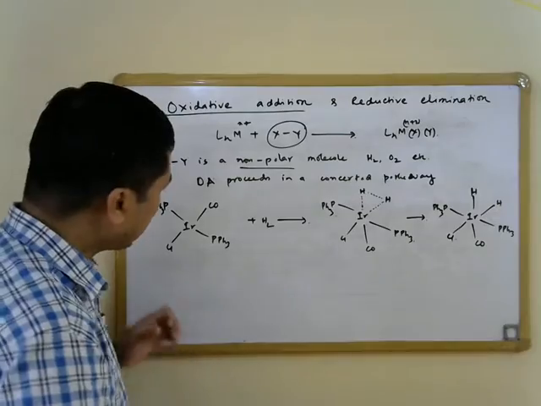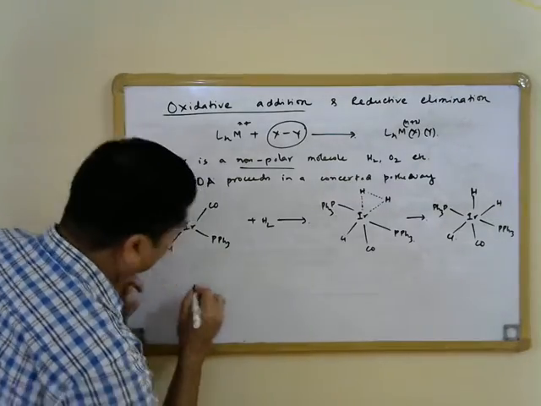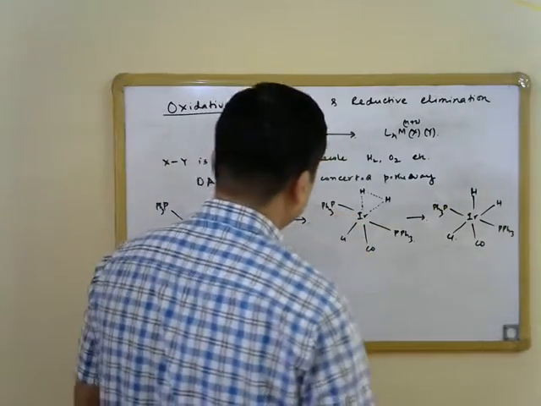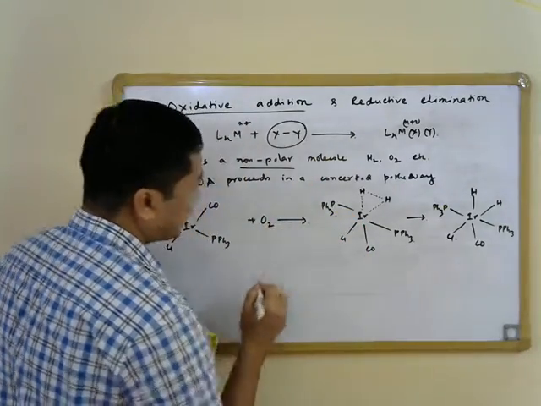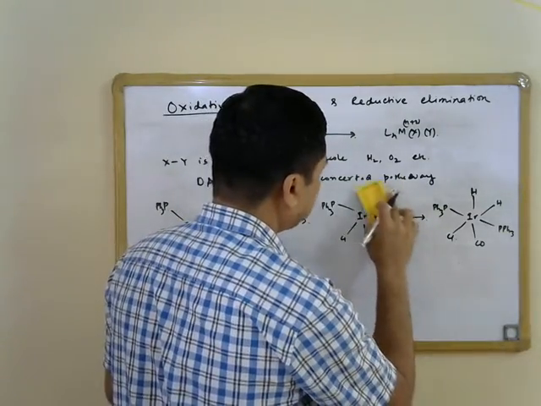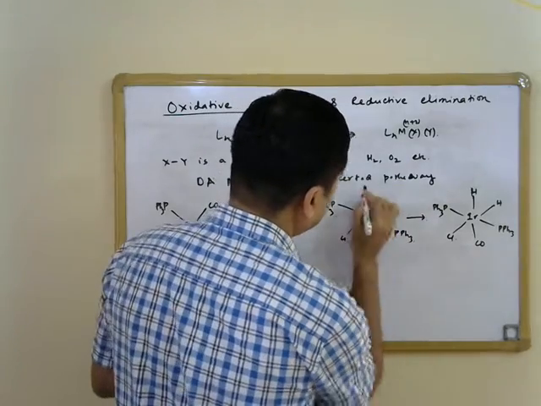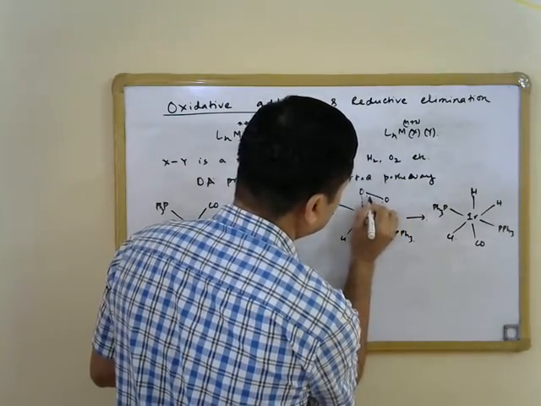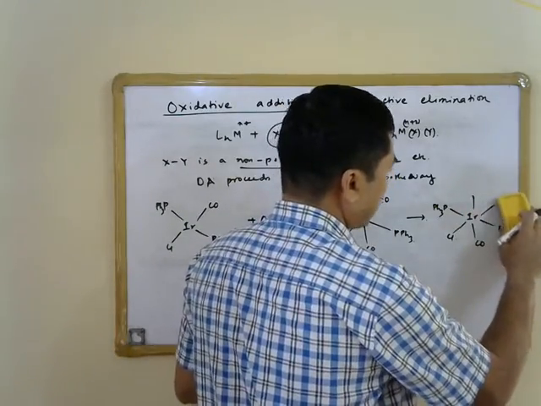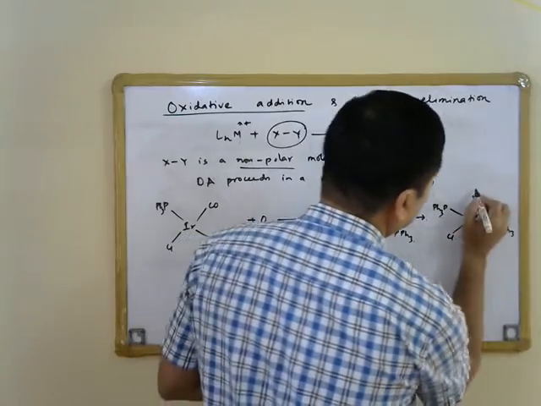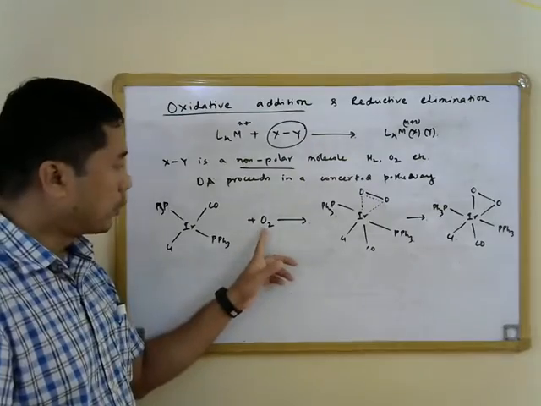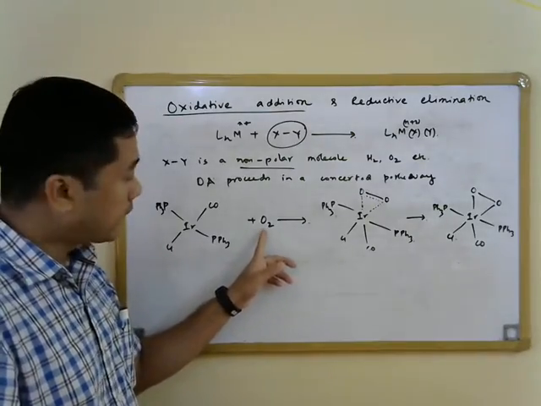We can also see that this complex undergoes oxidative addition reaction with molecular oxygen in a similar way. And in that case, again here, this is going to be the transition state, because for oxygen, the bond order of the oxygen-oxygen bond here is 2.